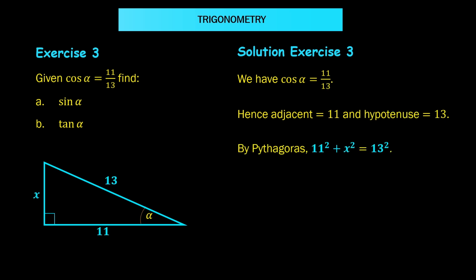By Pythagoras, we can find the missing side to give us x equals the square root of 48, as shown here, which equals 4 root 3.